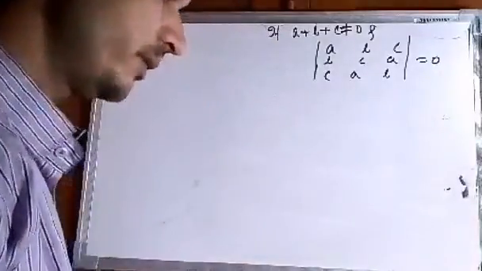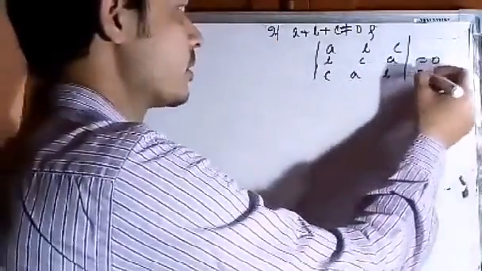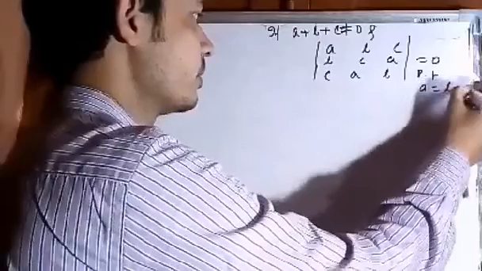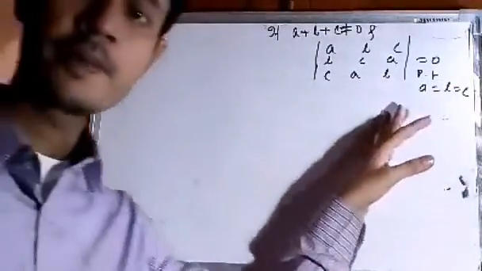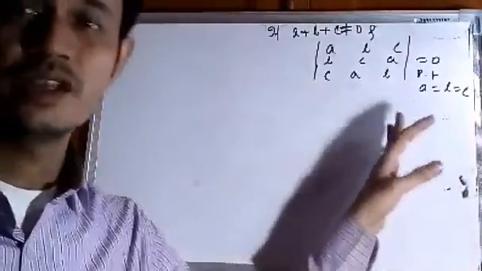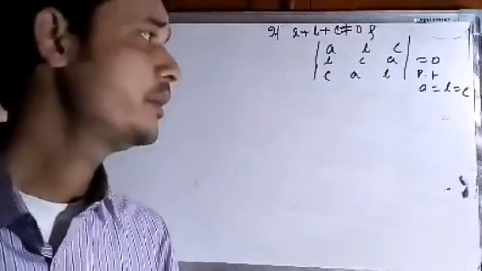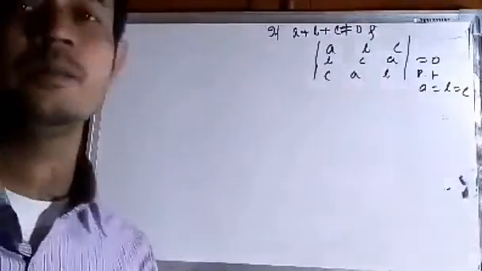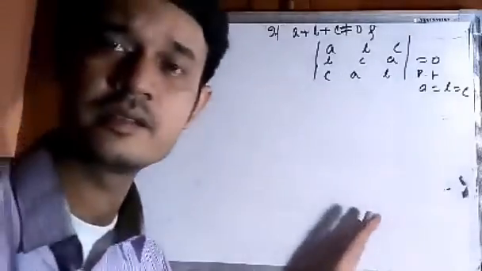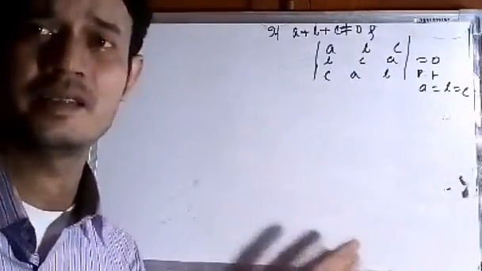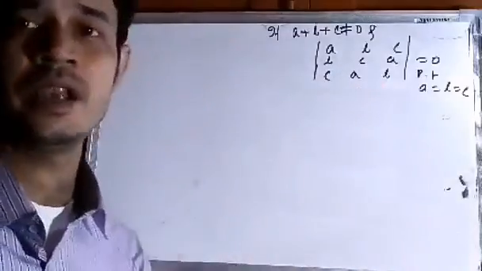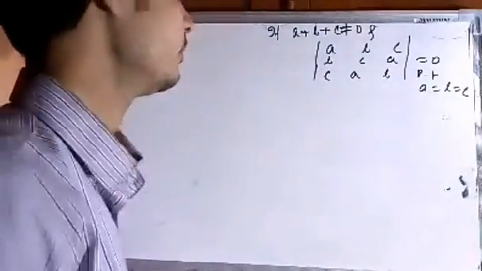Then we have to prove that a equals b equals c. This is a different type of problem, so we have to practice mostly different types of problems. If we practice the same type of problems every day, the chances of getting them common in the exam become very less. So we try to solve different types of problems.